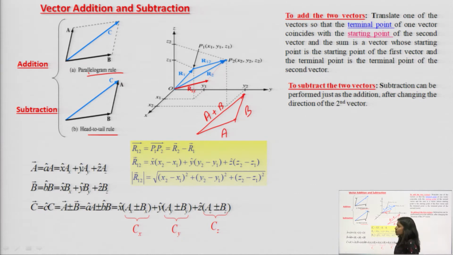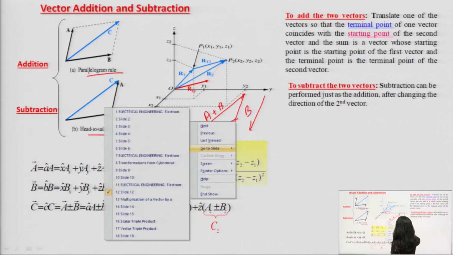For subtraction the same rule applies. Subtraction can be performed just like addition after changing the direction of the second vector. Suppose we want to perform A minus B, then we need to change the direction of B. Right now the direction of B is in this way, but to perform subtraction we need to change the direction of B to this side, and after that we do the same operation like this.